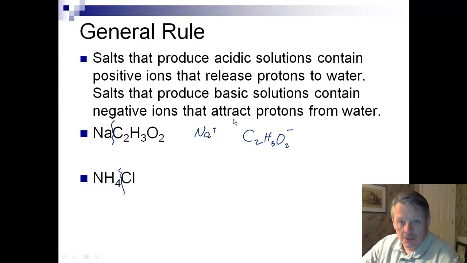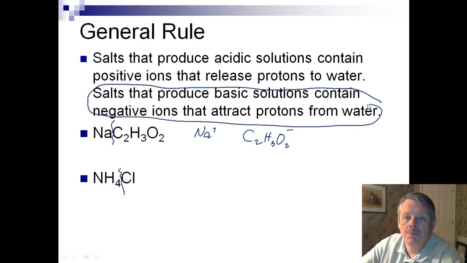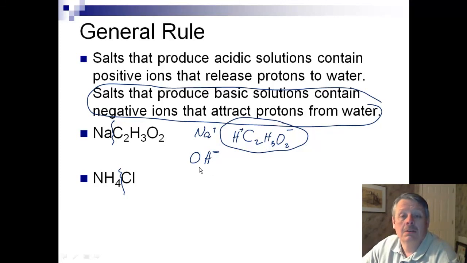So this negative ion, this bottom one, is attracting a proton, H+. It's attracting the proton from the water and making acetic acid, which leaves OH- in the water behind it. And so this produces a basic solution.